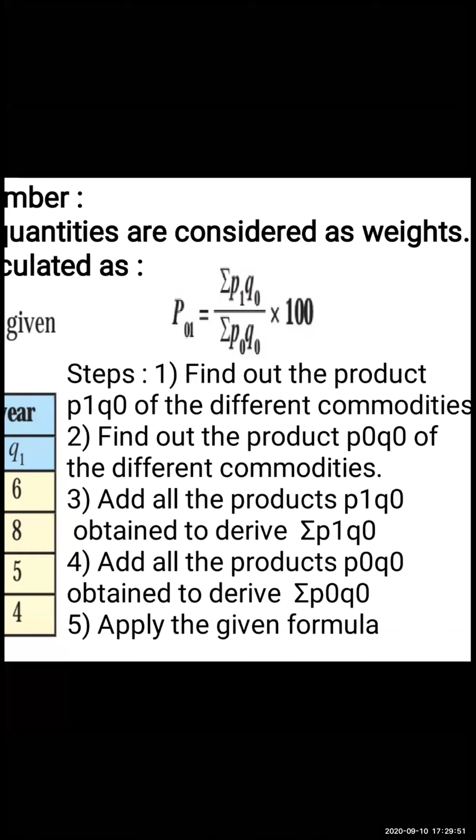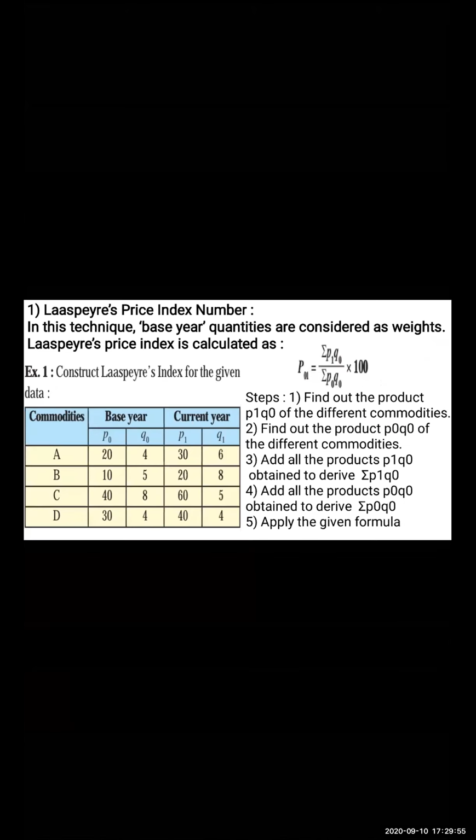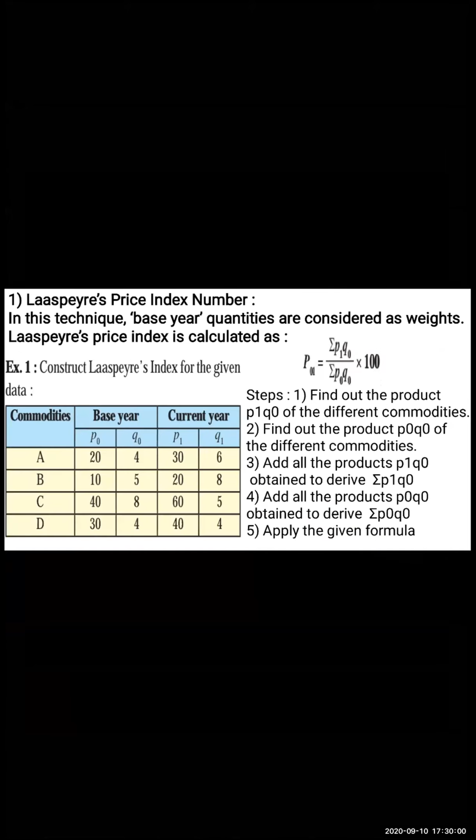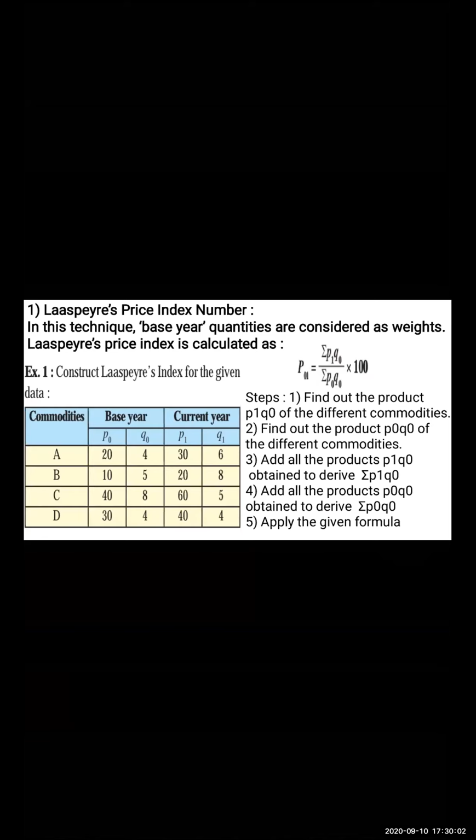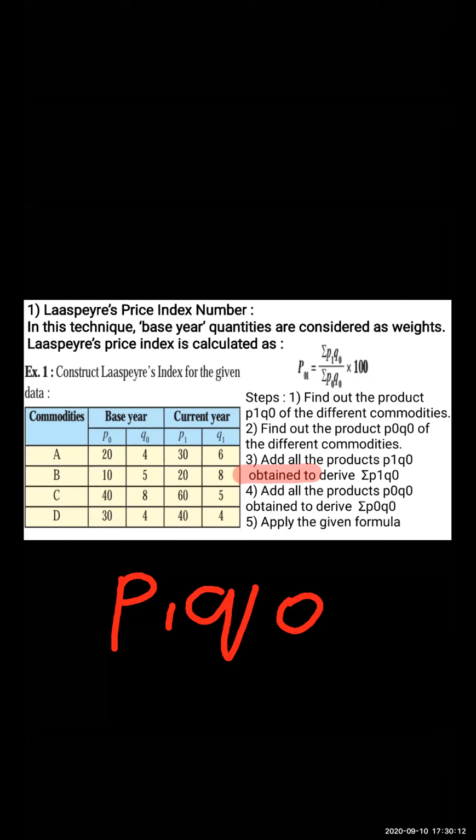So first column, write down. After this column, put the heading small p1 and Q0. This will be your first column, small p1, Q0.